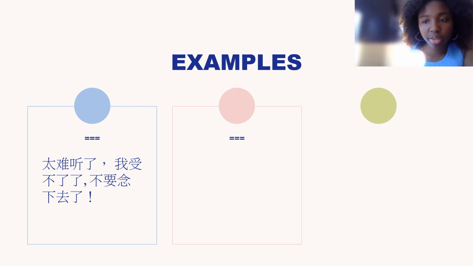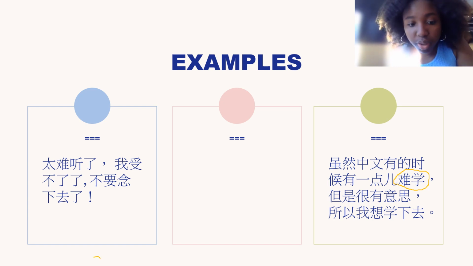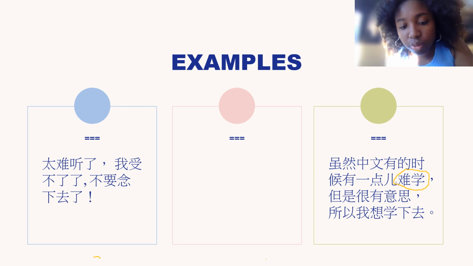那第二个例子是什么呢？All kind of crazy order. 虽然中文有的时候有一点难学，但是很有意思，所以我想学下去。And remember, we use 下去 in one of these other ones.